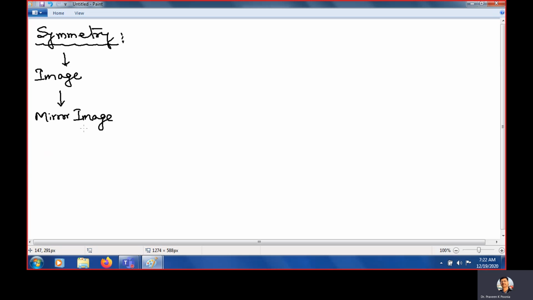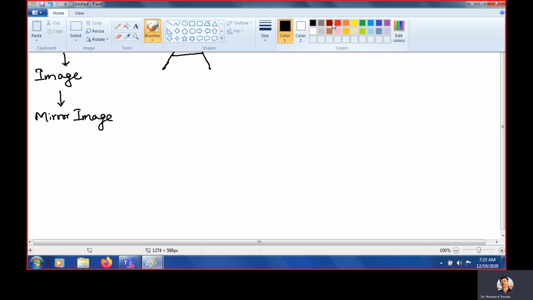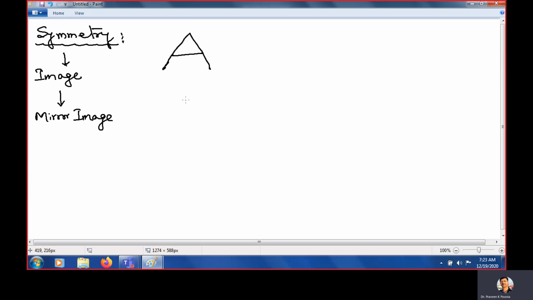Clear? So, in simple words, if I want to explain symmetry, what is this? This is A for apple. Can we find a line that can divide this A into two same parts? Yes, this is the line. If this is the mirror, if I mark a mirror here, clear?